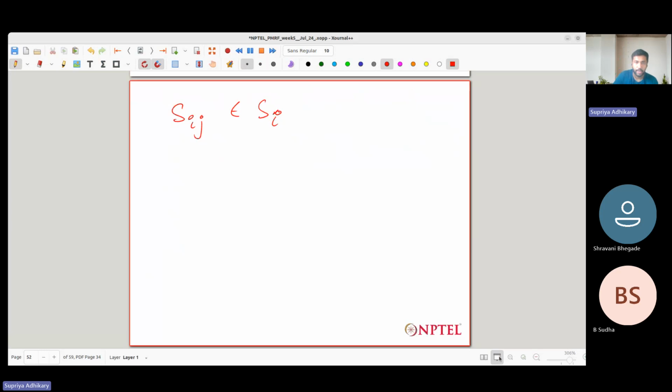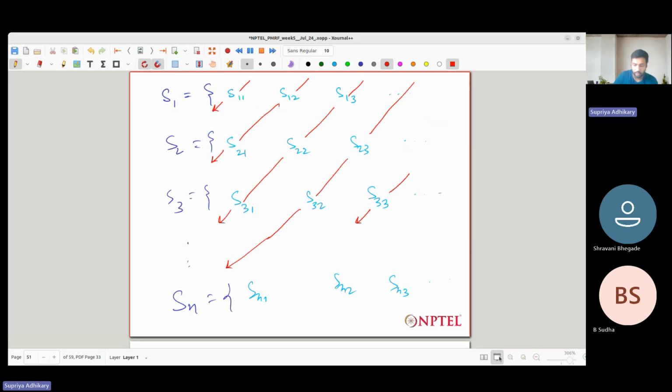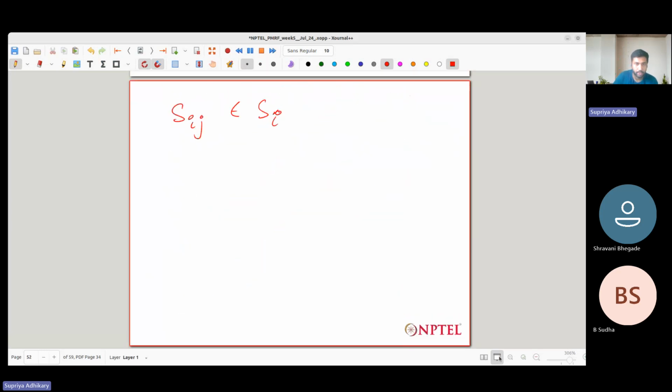So we can find a diagonal on which this Sij lies.